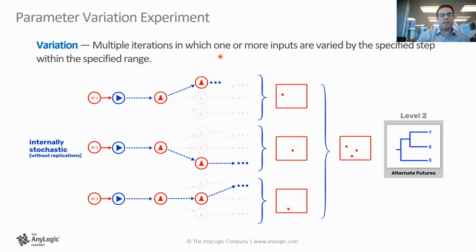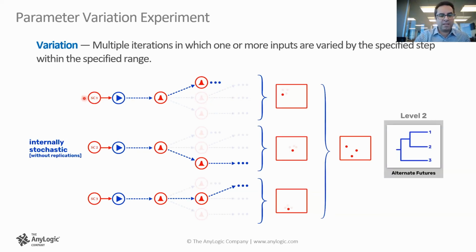But in a more realistic case, the internals of the system are stochastic or random, as we discussed. So what's happening in these cases is this. We are running these different scenarios, and if I run one of these iterations with a specific input once, I only explore one path out of many for that specific input.